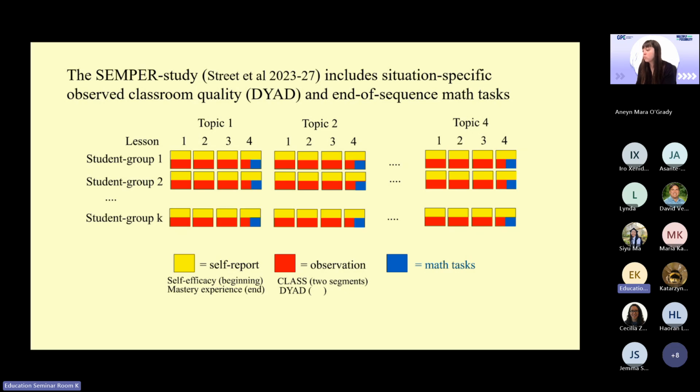This is very sparse data, because when you start coding at the individual student-teacher dyad level, there are many students who don't receive this attention from the teacher in each lesson. So this will be an important way to see whether individualized instructional support or individualized emotional support can make a difference in the prediction of mastery experiences.